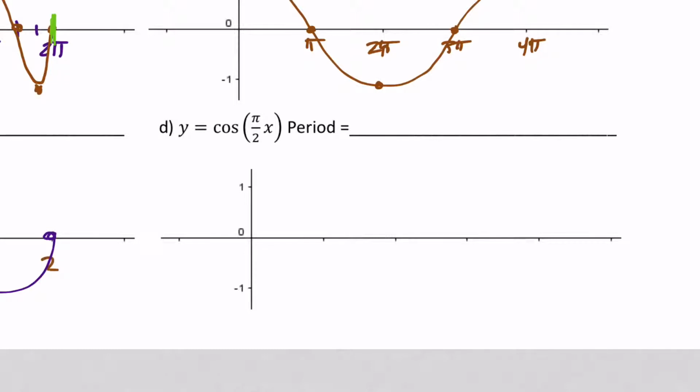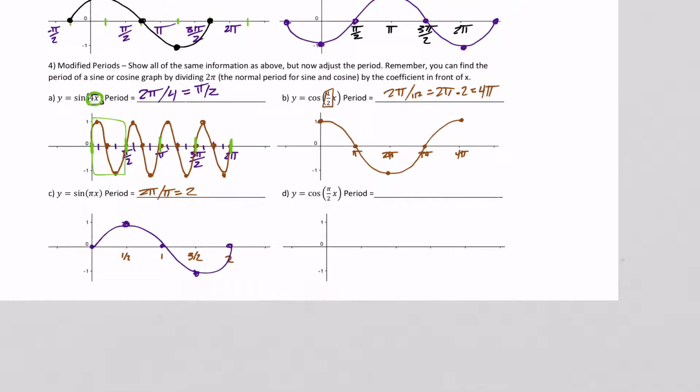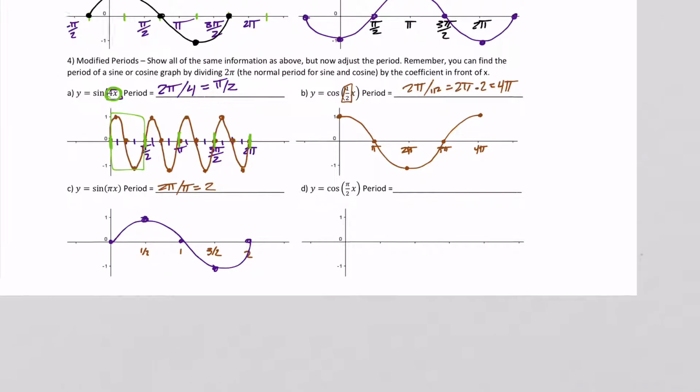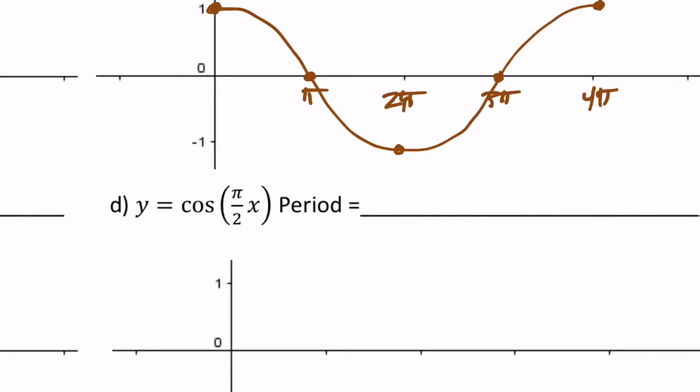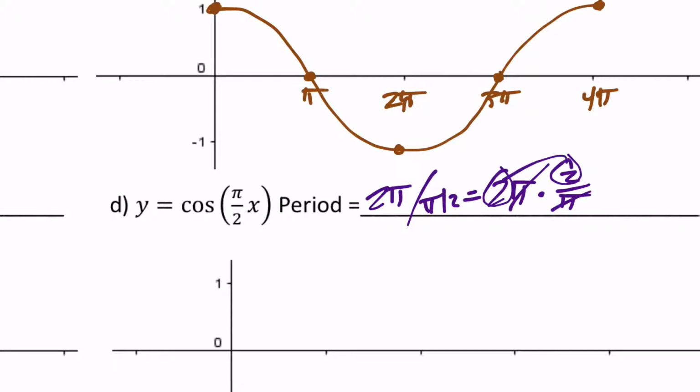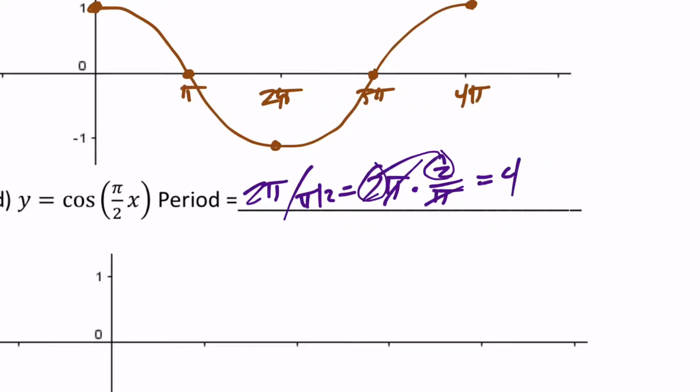This one will be kind of goofy. It's a combination between B and C. I've got a 1/2, but I've also got a pi in there. So I'm taking 2 pi, and I'm dividing it by pi over 2, which means I'm taking 2 pi and multiplying it by 2 over pi, the reciprocal. So notice my pi's cancel, and I'm left with a 2 times a 2, which means my period is 4.